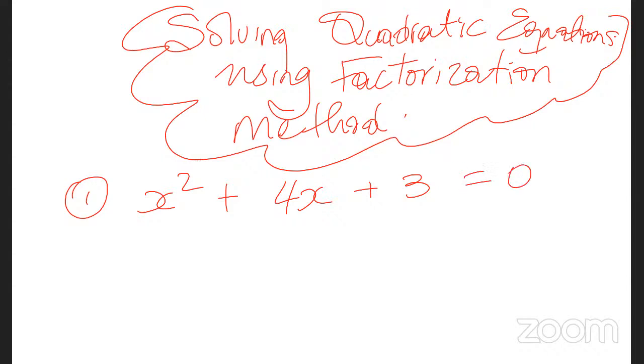So let's solve this equation. What's the first thing you're going to do when you're solving a quadratic equation using the factorization method? Yes, that's how it's supposed to be said. What's the first thing you're going to do when you're solving a quadratic equation using factorization?